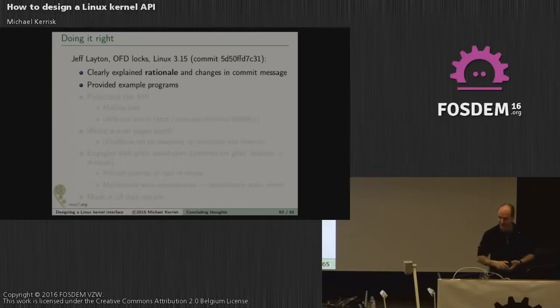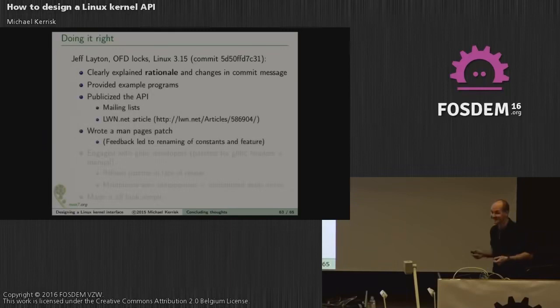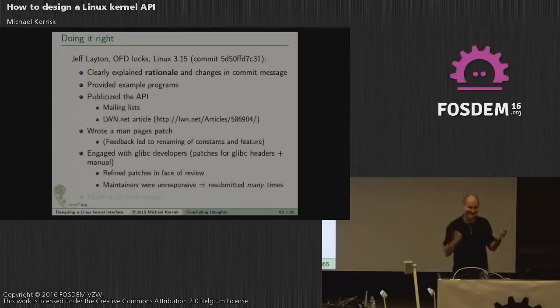He wrote a patch where he clearly explained the rationale of what he was doing at great length. Some example programs. He wrote messages to the mailing list. He wrote an article on LWN. He wrote a man pages patch. He engaged even with the glibc developers.